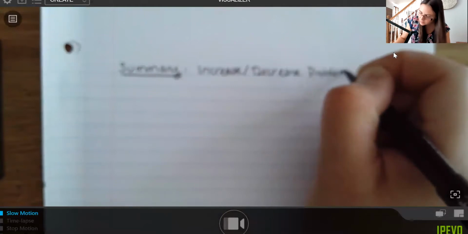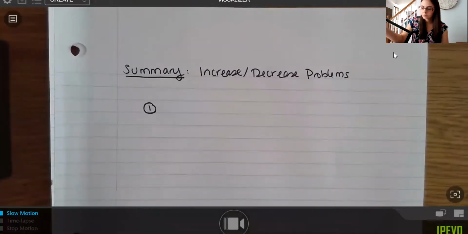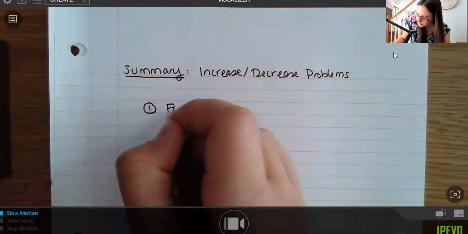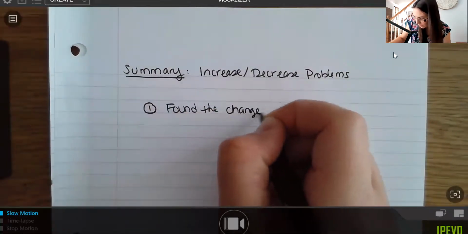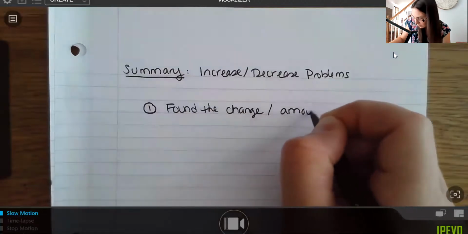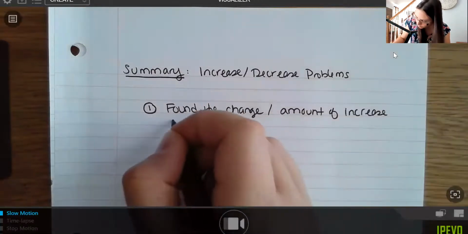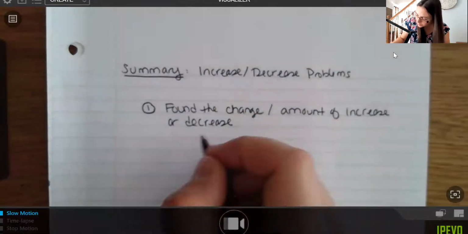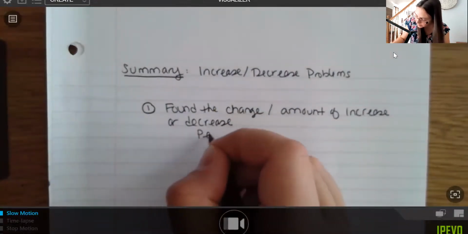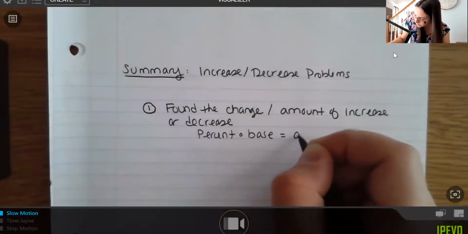So the first thing we did in the last example, we found the change, or the amount of increase or decrease. So for instance, we started with that formula, percent times our base is equal to the amount.